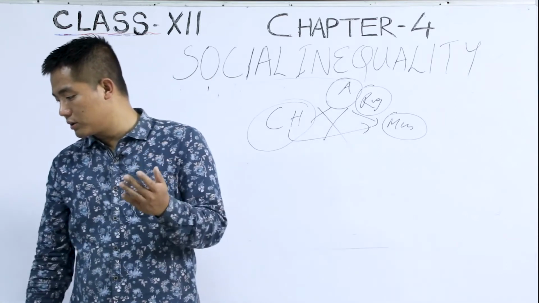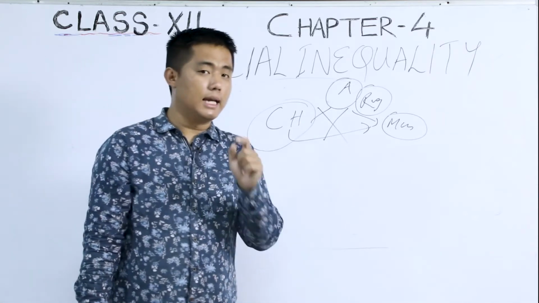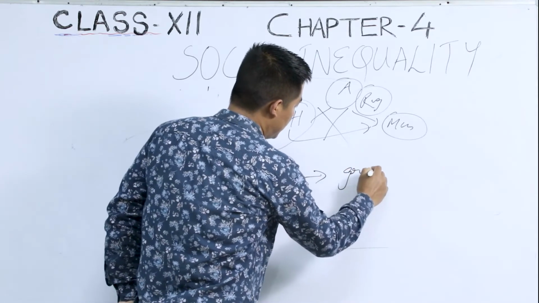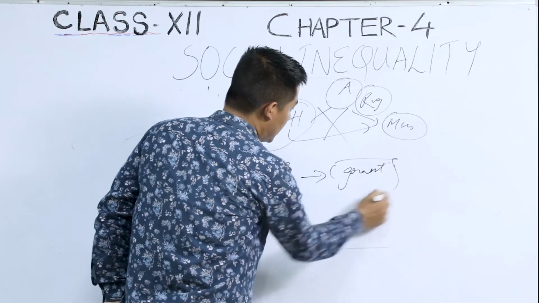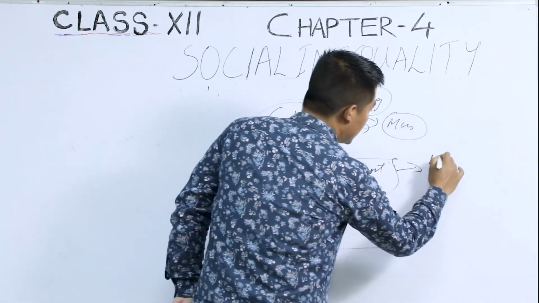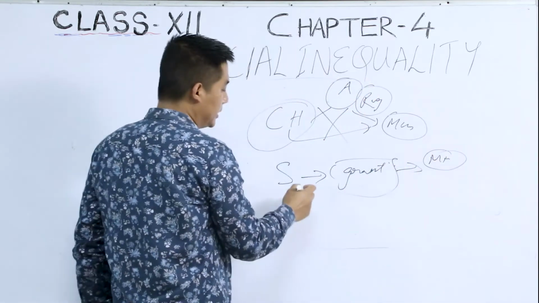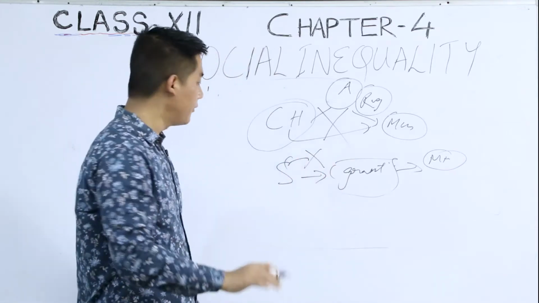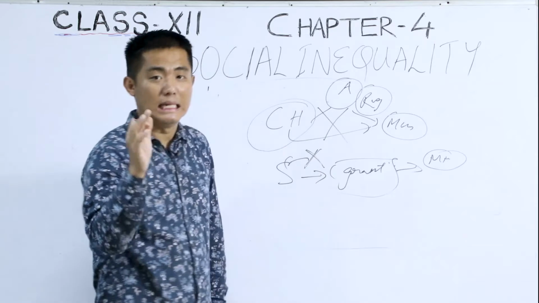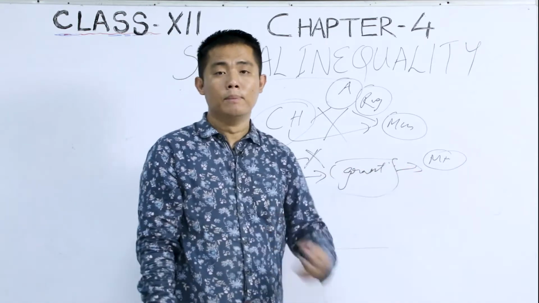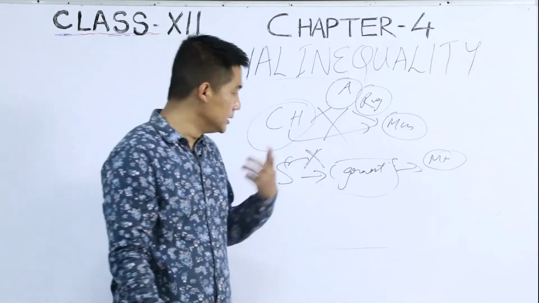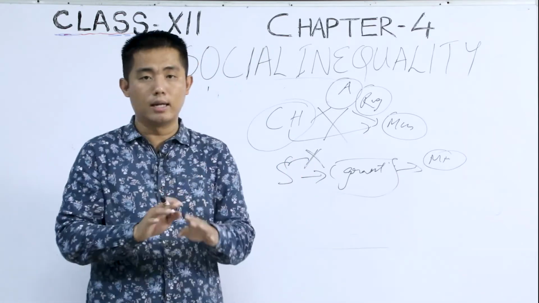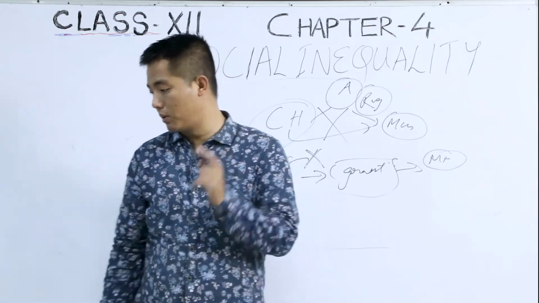It also says that the state gives grants, meaning some funds, to the minority group of people, and this kind of aid should not be prohibited by the state. Such an action will be considered illegal if the state does not give the funds or grants to the minorities. Such actions cannot be tolerated by the government. That is what it means here.